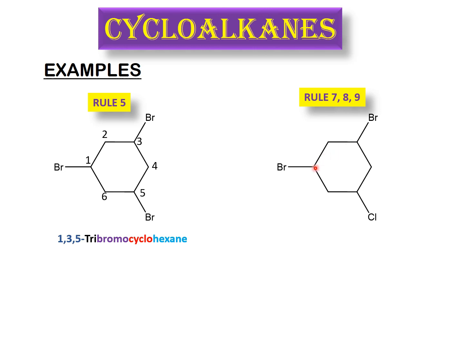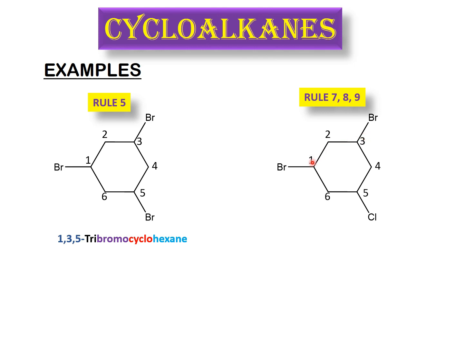So you start from here and you proceed clockwise so as to give lowest position to bromine because it comes first in the alphabetical order than chlorine. If you want to start from here, then you have to move in the direction of the second bromine. So if you start from here, then you have to move counterclockwise so as to give lowest position to this bromine, right? So you can start from here and proceed counterclockwise, or you start from here and proceed clockwise.